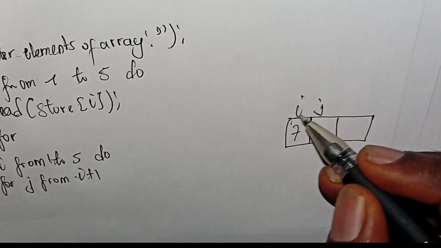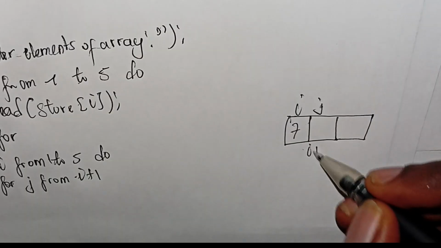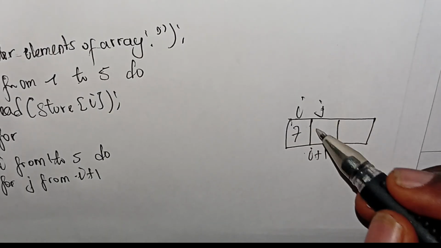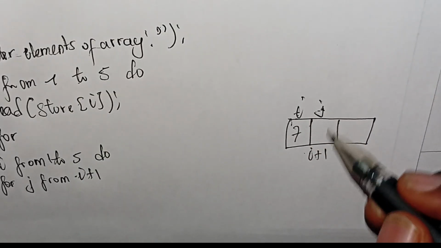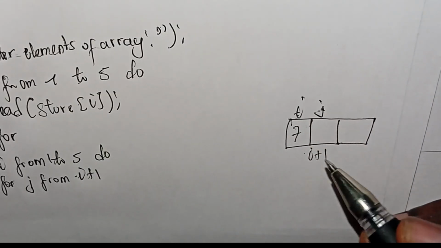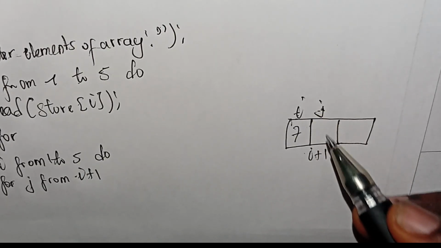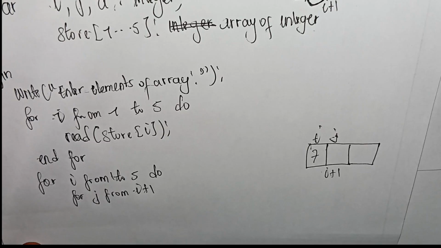And J is going to start where? I plus 1. This is I, means the next cell is going to be I plus 1. So we want J to start from I plus 1. And we want to compare this and this. So we want to say if the element at the index of J is less than the element at the index of I, then we want to modify the value.